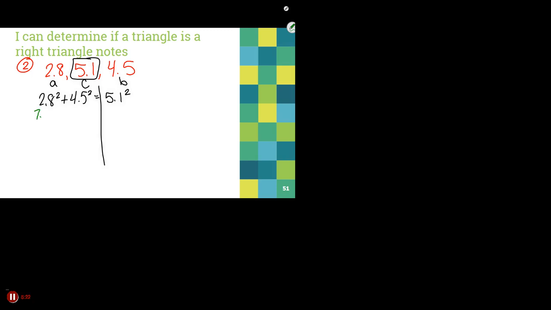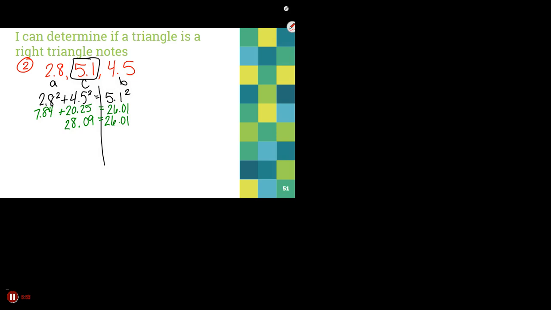For 2.8 squared, we should get 7.84. For 4.5 squared, we should get 20.25. For 5.1 squared, we should get 26.01. Then I have to add 7.84 plus 20.25. We get 28.09 is equal to 26.01. At this point in time, we're making a decision.